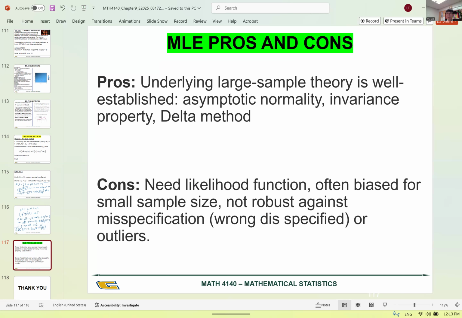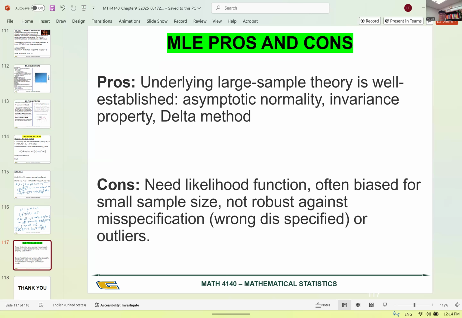It has the invariance property: if you have an MLE for theta, then tau of the MLE is also an MLE for tau of theta, and we can use the delta method on that. But there are some drawbacks. Here we need a likelihood function; if you don't have one, you cannot proceed with the MLE.